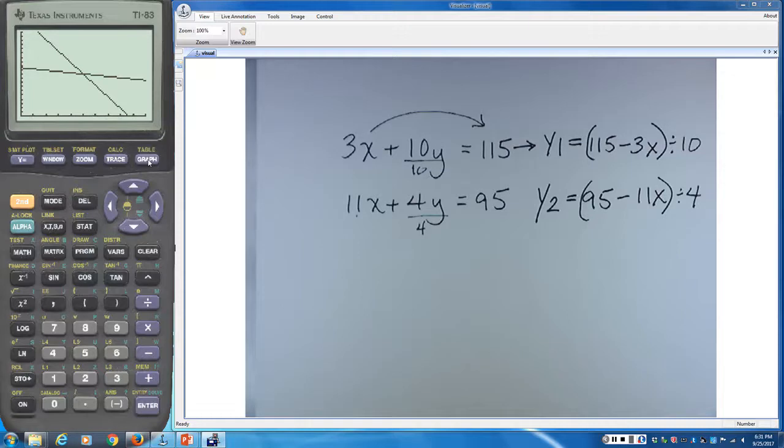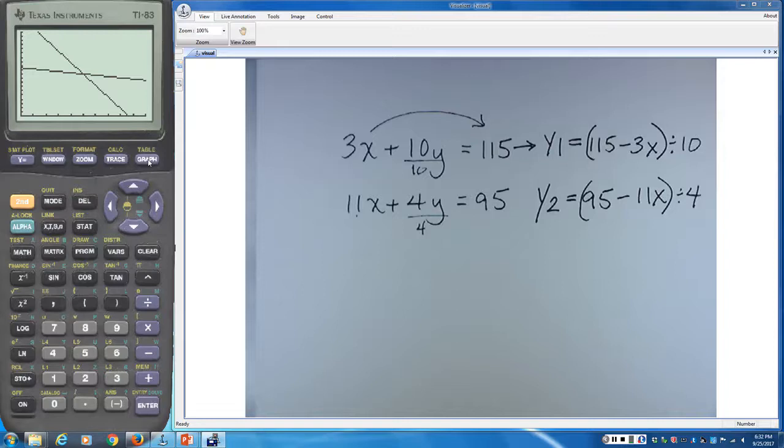Now, the reason I didn't start out on this window, because I knew it wasn't going to show up on the first one, is because I'd already done the problem, but you're not going to know that. So I want you to get used to setting your calculator window by looking at it. It's all going to be applications problems. So you need to look at your calculator and look at your problem and say, okay, realistically, where do I need to start?